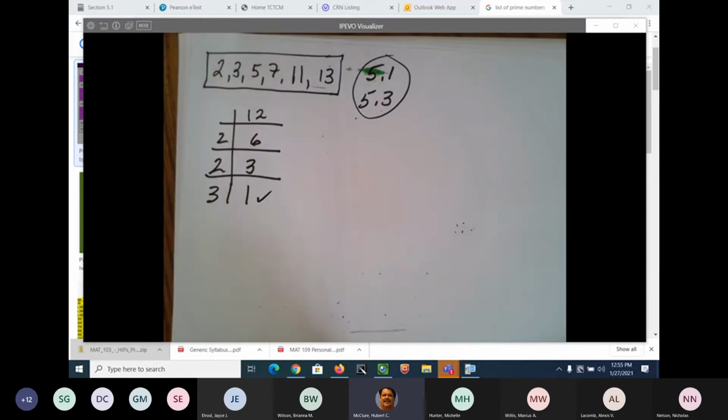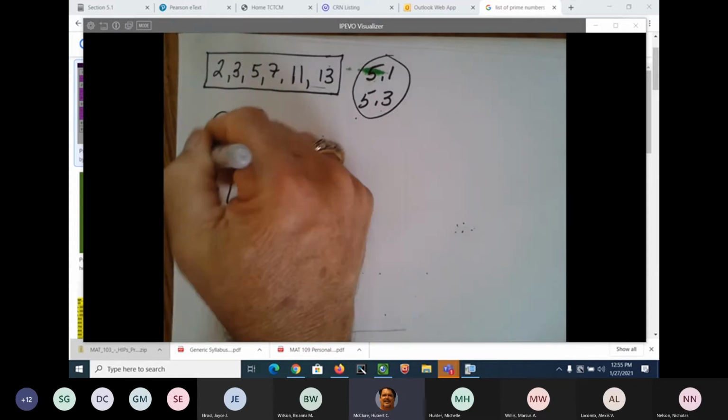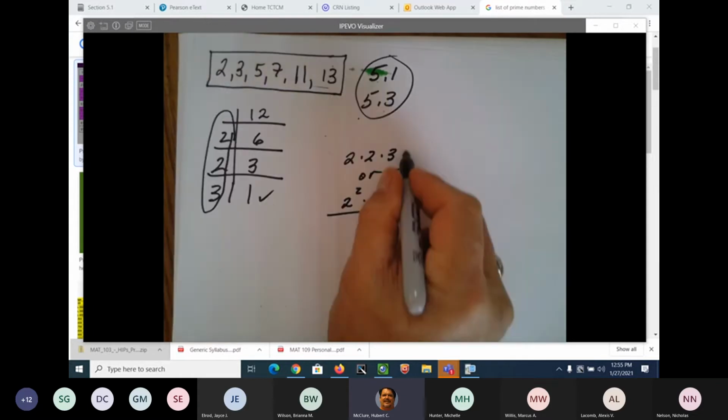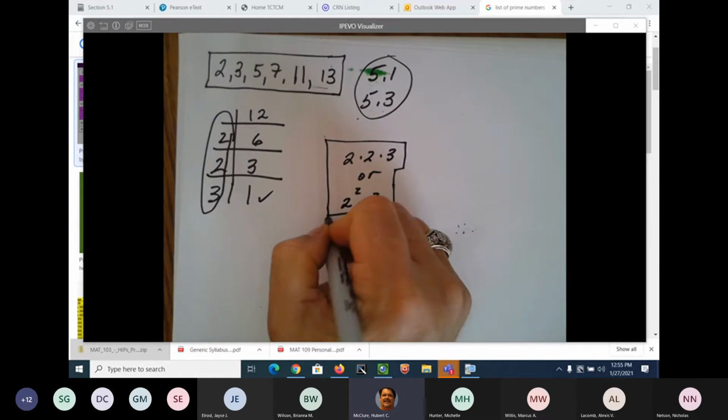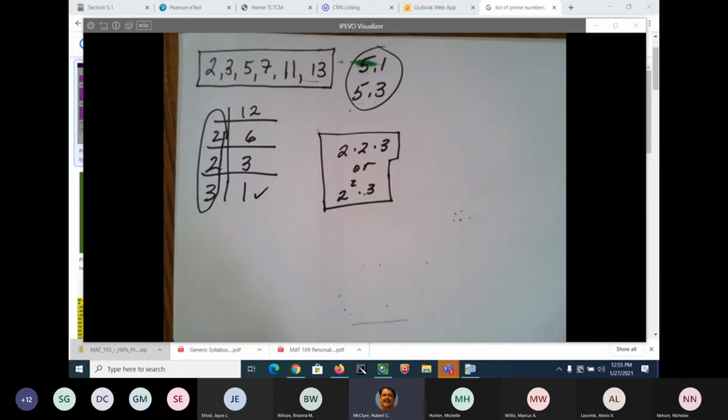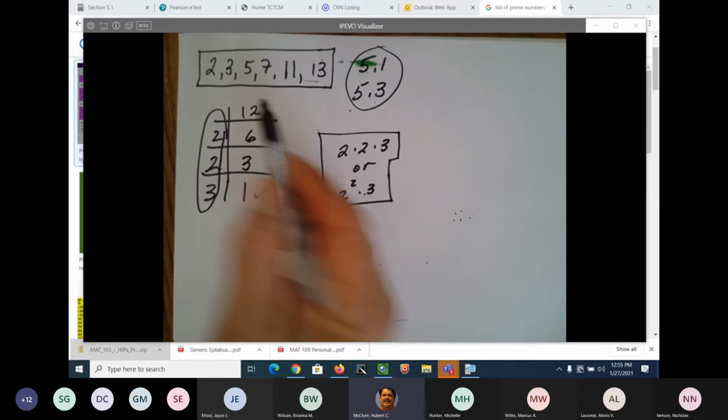When you get that 1 right there, you have your prime factorization. 2 times 2 times 3, or 2 to the second power times 3. That's your prime factorization. So your prime factorization of 12 is 2 to the second power times 3.